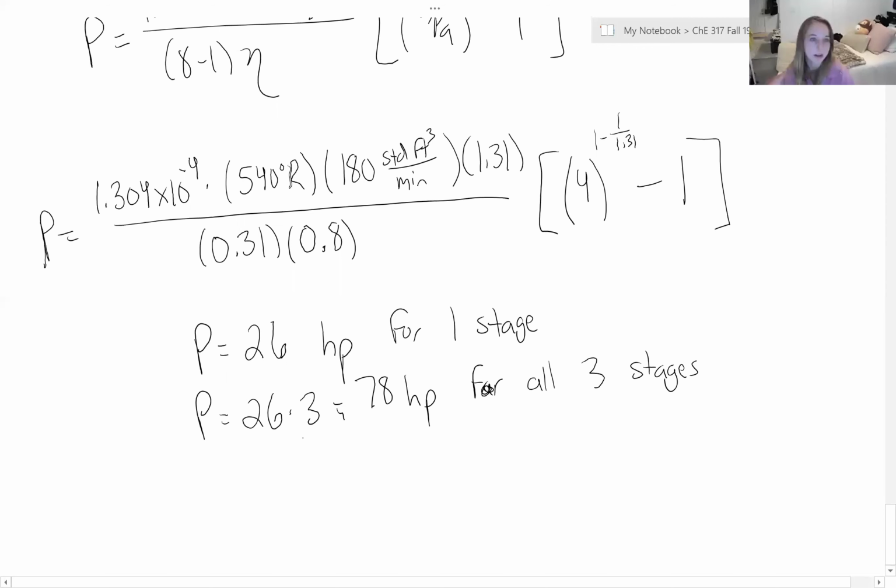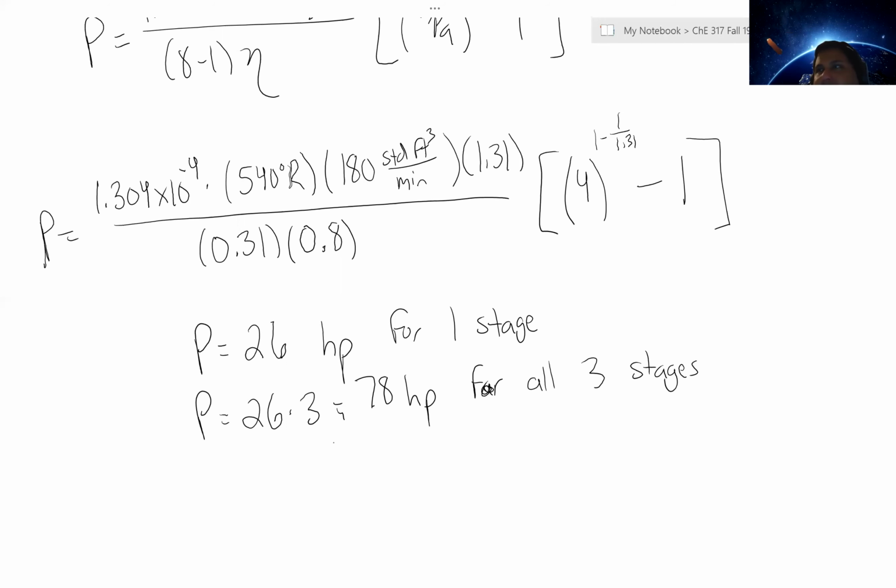Could you explain what you would do if you were given a flow rate that wasn't already in standard cubic feet per minute? You would have to correct the flow rates. So you'd have to basically use the continuity equation.